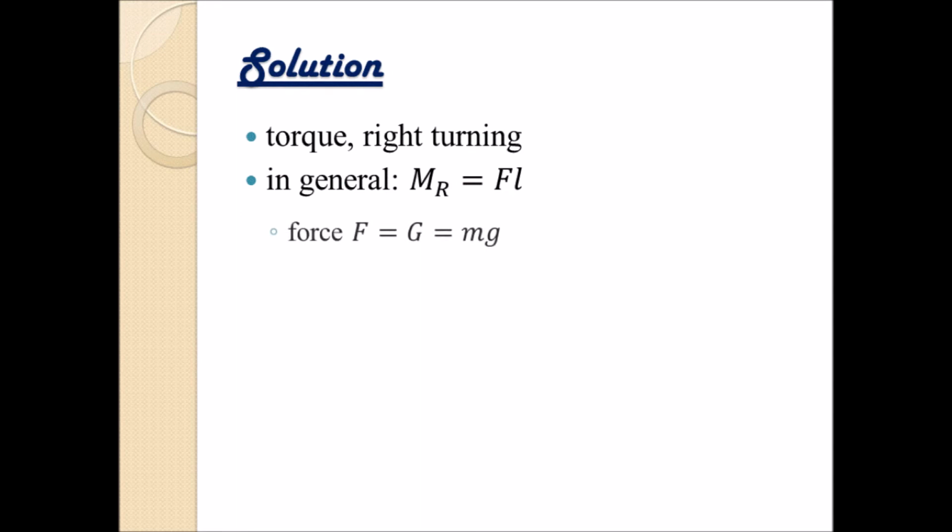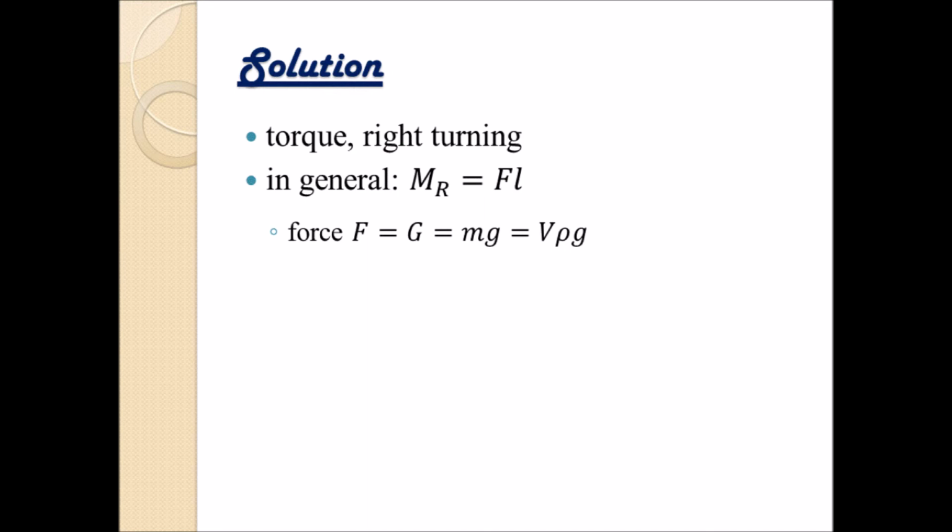Well, the force that makes our cube turn right again is simply the gravitational force. So F equals G, and we can calculate this as the product of mass m of the cube multiplied with the gravitational constant g. And no, m wasn't given, but we do have the density. And mass m can actually be calculated as the volume V multiplied with the density ρ.